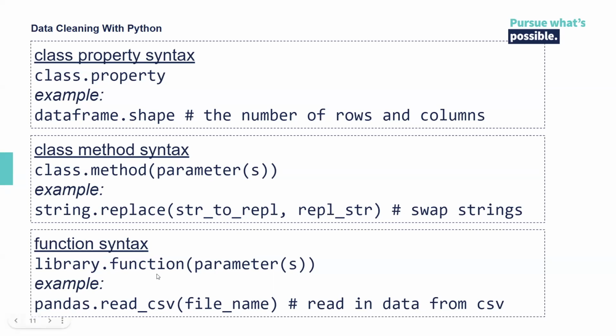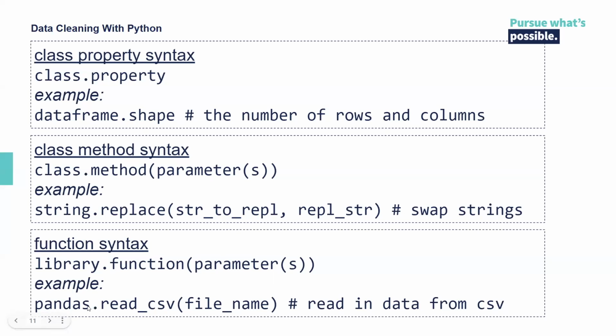And then finally, functions are going to be very similar to methods, except functions are tied to the library itself. So for example, we have the pandas library, and the pandas library has a function called read_csv. It does exactly what you think it does. It reads in a CSV file.